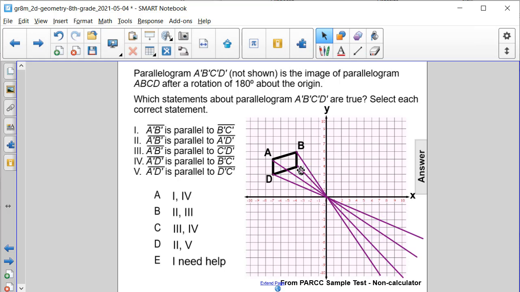And for C, I had to go 4 and 4 down, so we have to go 1, 2, 3, 4, and down 1, 2, 3, 4 again. So this is where C prime will be, right there, at this point.